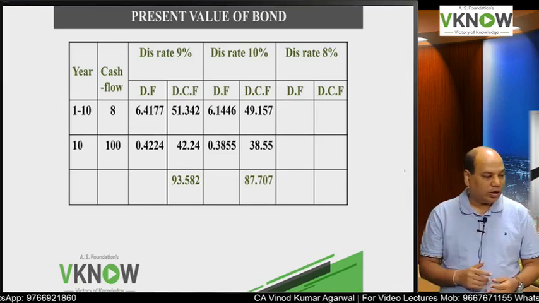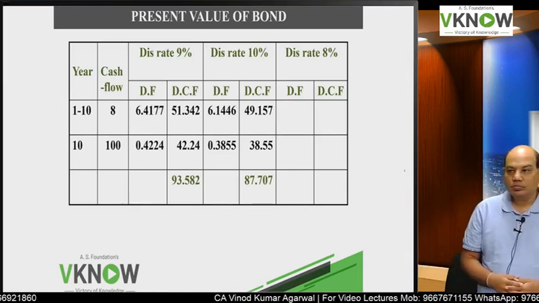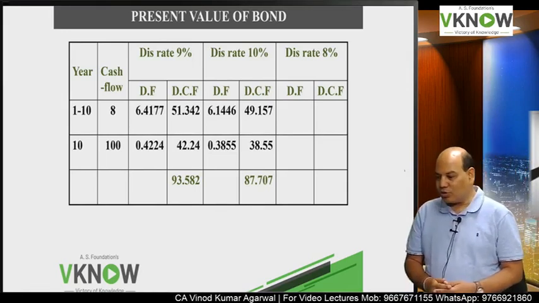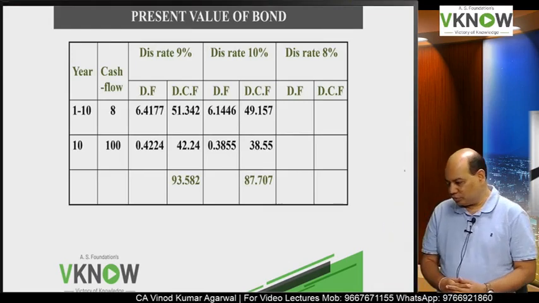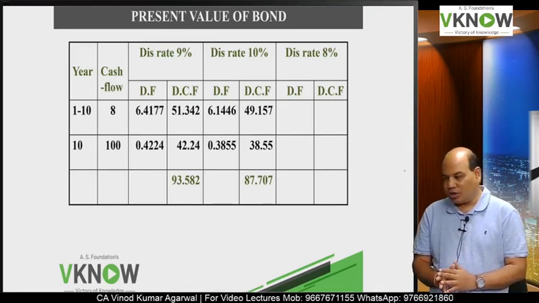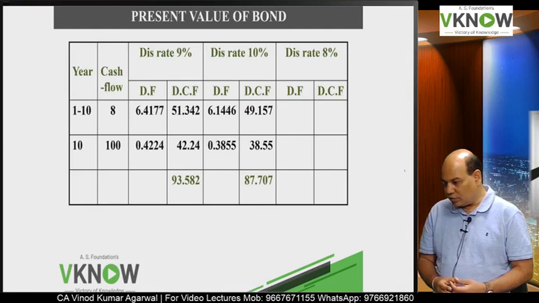This you will try, I will wait. Try 8%, everybody. Give me the total of the last column. Those who are studying online can write the answer in the chat box. What is the answer of the last column?